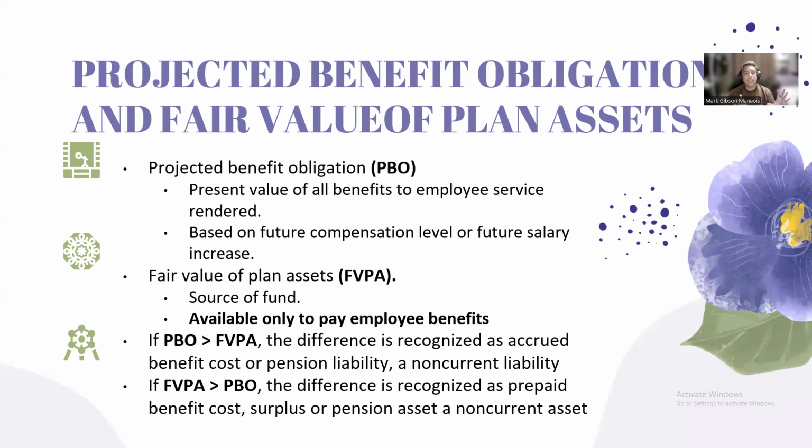Okay, class? So let's repeat that. But like I said, later on, we'll cover all this theoretical part and apply it into different discussion problems, so that we can reinforce our understanding. So if the projected benefit obligation is greater than your fair value of plan assets or FVPA, the difference is recognized as accrued benefit cost or pension liability.